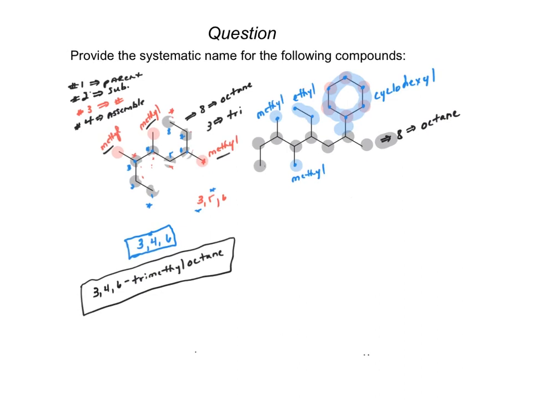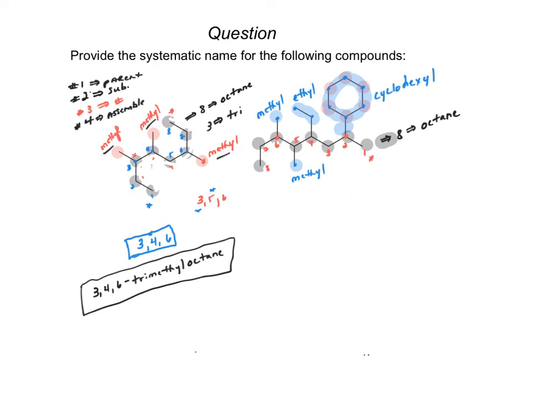We've got 1, 2, 3 versus 1, 2. All right, so the 2 trumps the 3, so we should start numbering it over here. So I'll go ahead and erase these guys. So we've got 1, 2, 3, 4, 5, 6, 7, 8. Now we're ready to assemble.